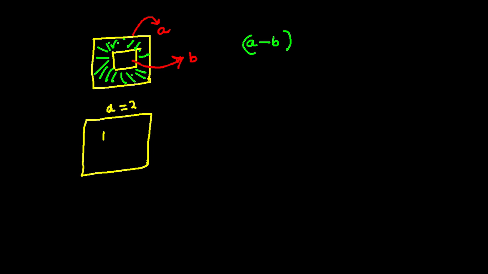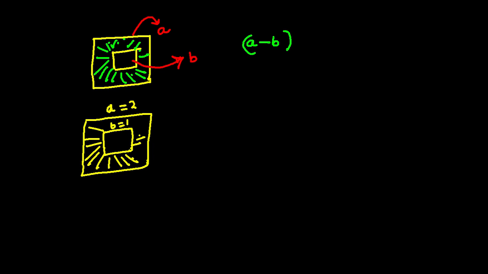What will you do? Very simple, you will simply say A minus B. But this question may be long, because it can be asked in a different way: if the sides of a square are 2 centimeters, and inside this square there is also a square whose sides are 1 centimeter, then calculate the area of the shaded part.